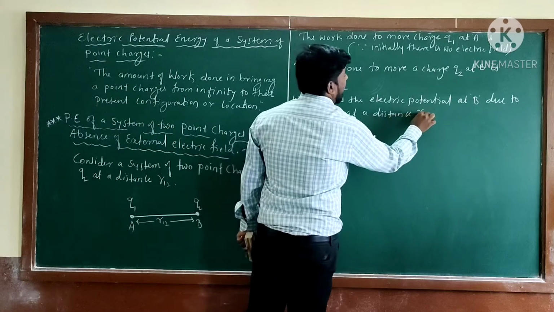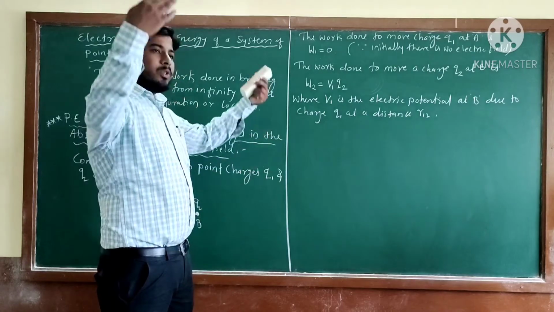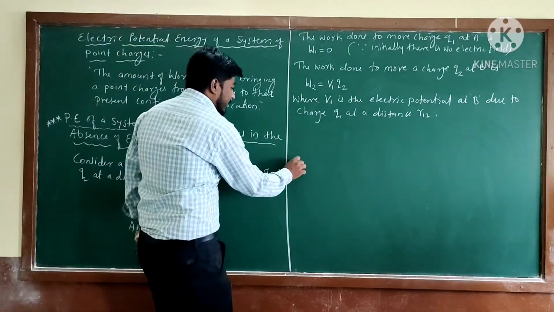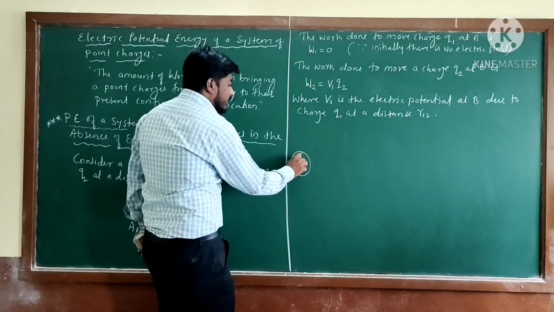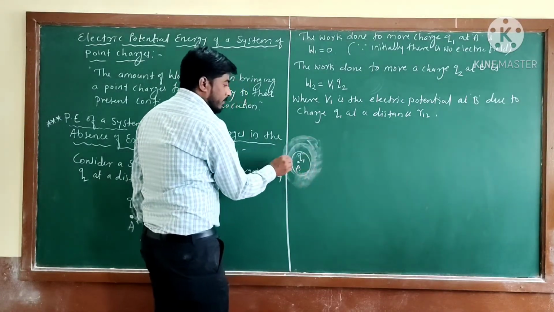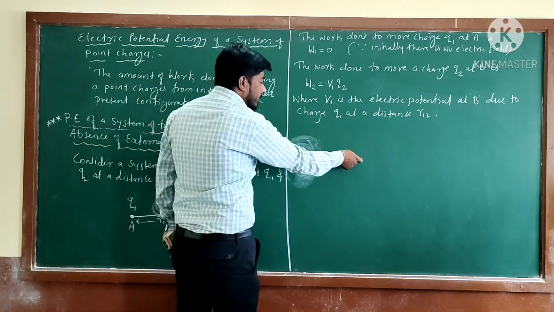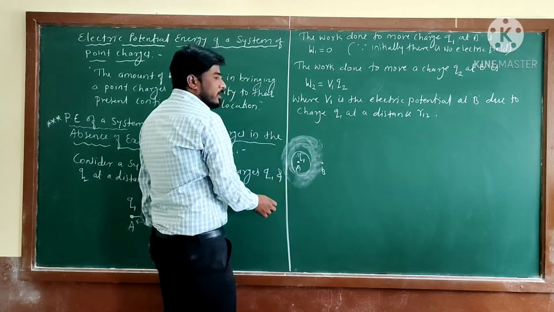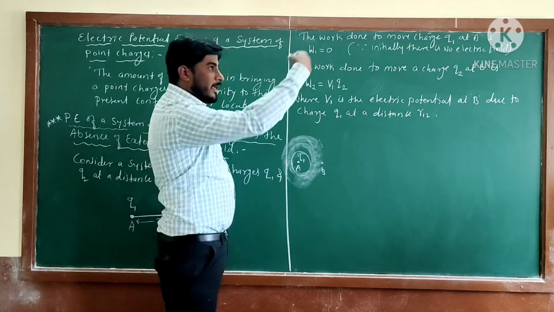Due to charge Q1 at a distance R12. See here, when I move the charge from infinity to the point A, there is no electric field present. When I bring this charge Q1, there is now a certain electric field. When I bring another charge Q2 from infinity to this point B, there is an electric field, so work must be done to bring that charge.